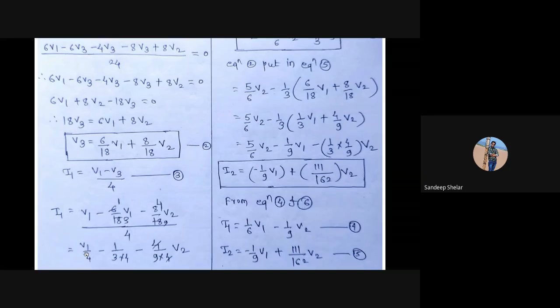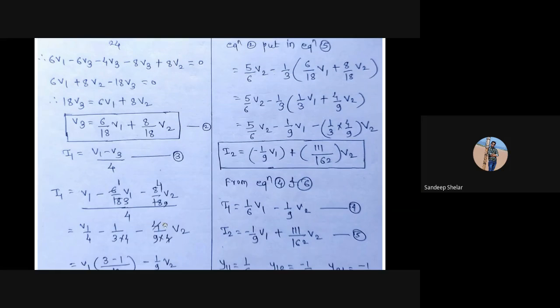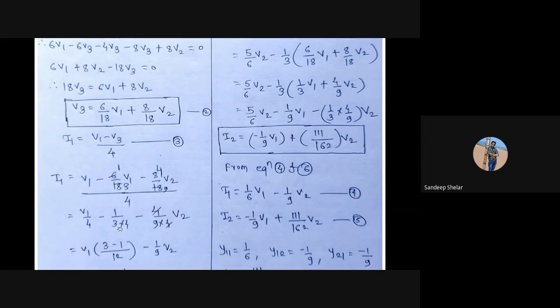That is v1 upon 4 minus 1 by 3, that is 1 by 3, into 4 as it is, also this 4 as it is, minus 4 upon 9, then this 4 as it is into v2. Now the 4 gets cancelled. Then we are taking v1 as common, that is v1 into bracket 3 minus 1 upon 12, minus 1 upon 9 v2.